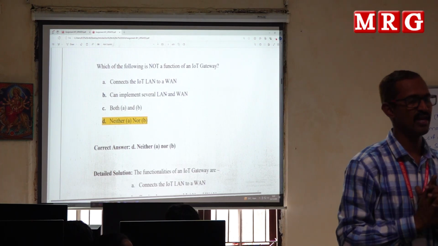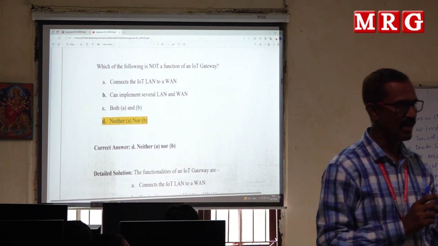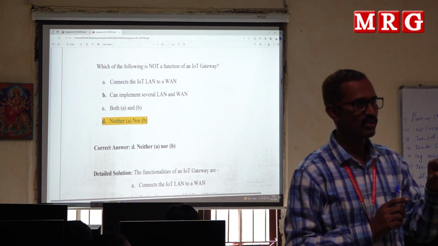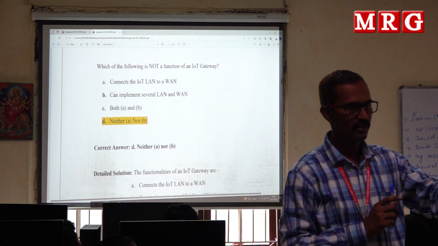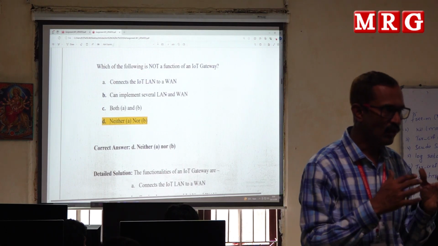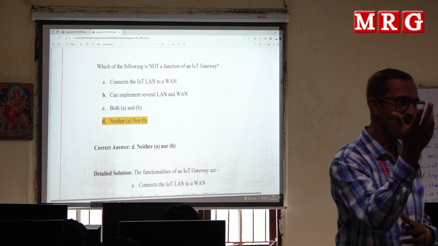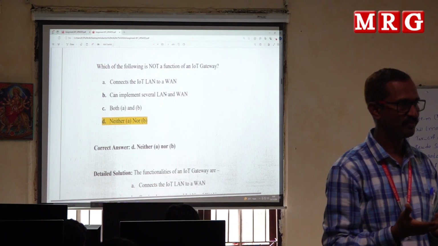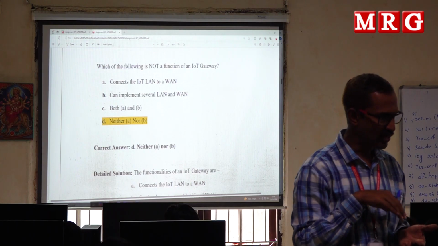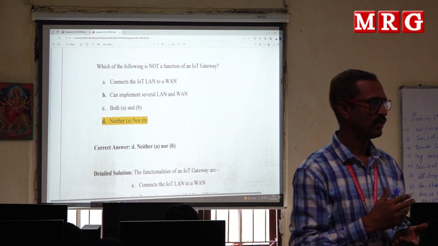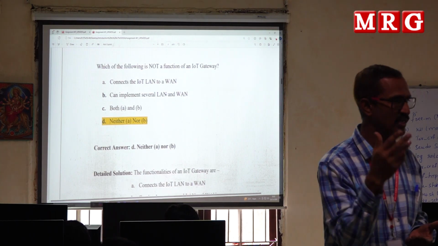So that is called local area network. Why is the term LAN coming here? Because all the sensor nodes are connected locally. That is called LAN. Now this LAN is connecting to WAN through the gateway. This local area wireless sensor network is connecting to the large wide area network, which is the internet.